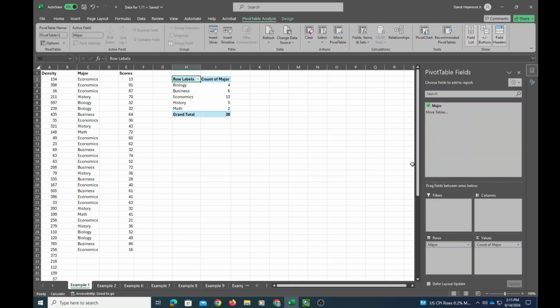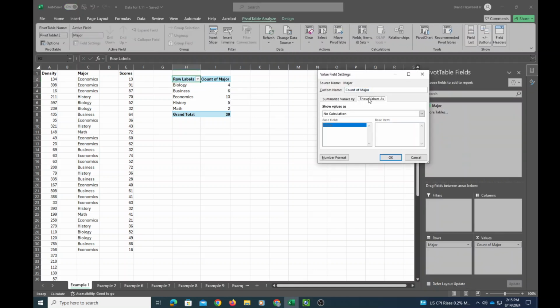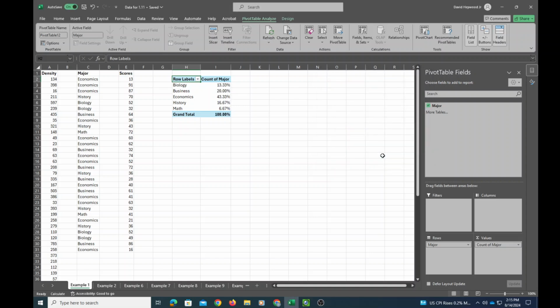But let's get some proportions here. So let's show the values as percent of column total. Okay, so yeah, 43% of people in the class were economics majors, which is kind of an interesting thing. I don't understand why there are so many economics majors in this calculus class. It's not usually the way it goes, but that's okay. So 43% are economics majors.